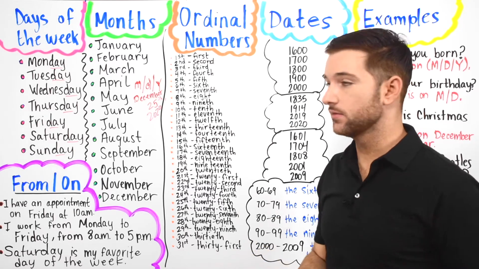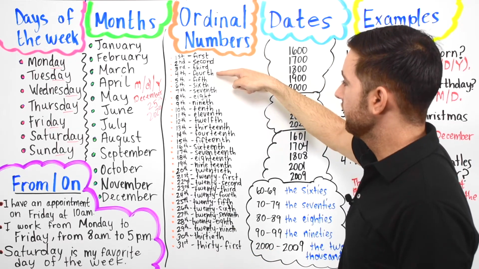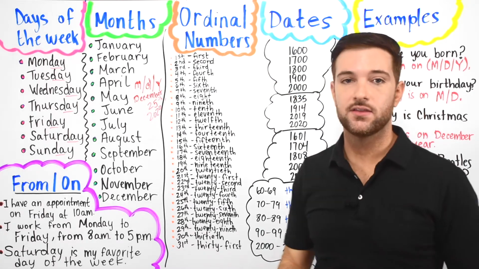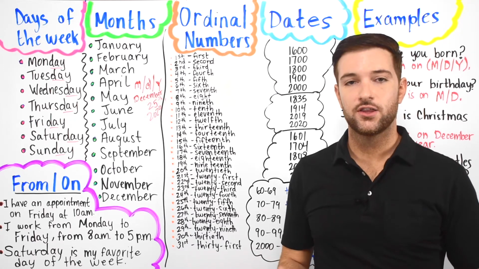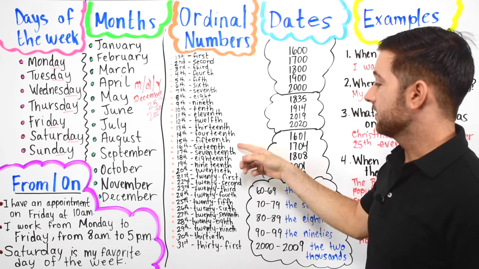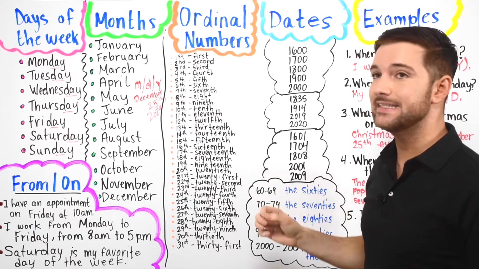Now I'll just say the ordinal numbers. First, second, third, fourth, fifth, sixth, seventh, eighth, ninth, 10th, 11th, 12th, 13th, 14th, 15th, 16th, 17th, 18th, 19th, 20th.